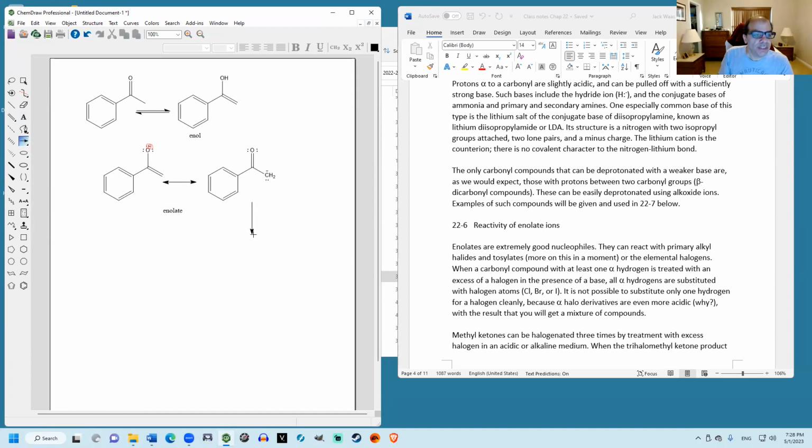So for example, if you treated this enolate with benzyl bromide, that's a really good electrophile, then you will get an SN2 reaction. And you will get this product.